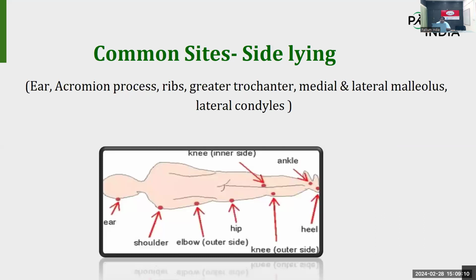Next is the sidelying position. In both sidelying positions, according to the position, the side may vary. So the ear is affected, the shoulder, and the outer aspect of the elbow. The hip or thigh region, the outer side of the knee, heel, ankle and the inner side of the unaffected side may be affected in the sidelying position.